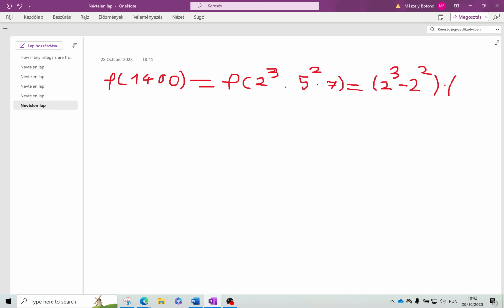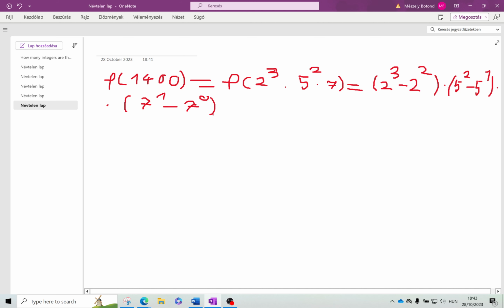You multiply this by 5 to the power of 2 minus 5 to the power of 1, and you multiply it by 7 to the power of 1 minus 7 to the power of 0, which is like this whole sequence equals 480.